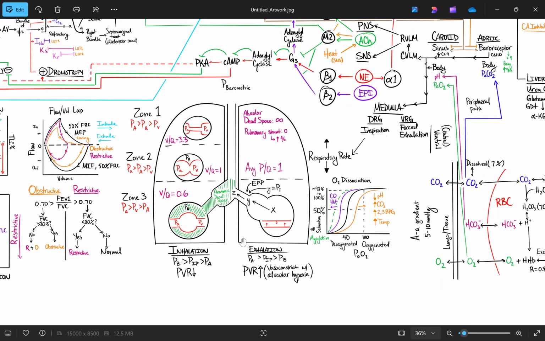That makes sense because when you're inhaling, you want your pressure to be lowest inside your alveoli so that the air will go in. Your PVR also goes down, as your arteries dilate, which means it's easier for blood to flow into them. PVR goes up in exhalation because again, you don't want to waste perfusion there. As you vasoconstrict, it's harder to pump blood in there.